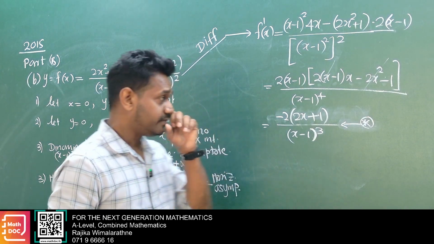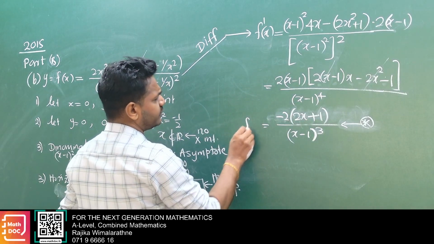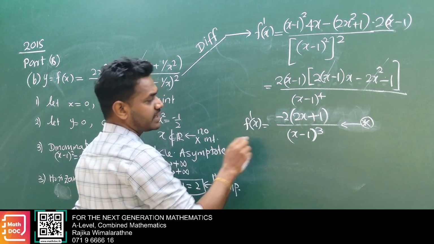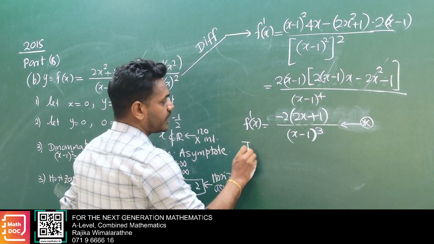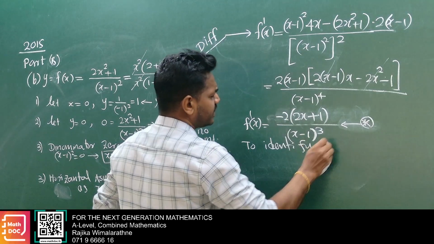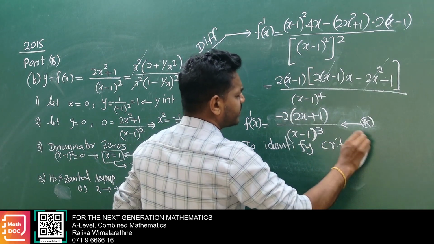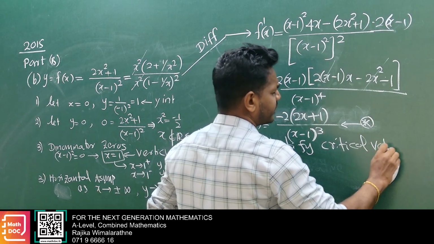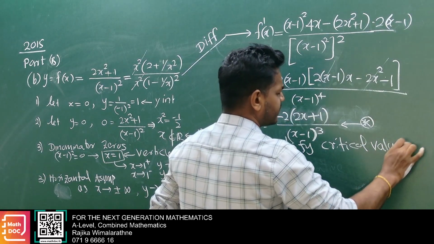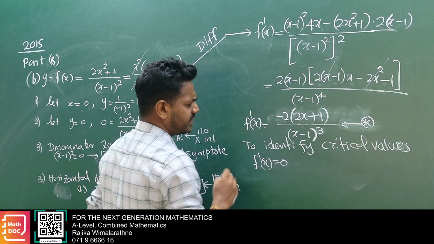Okay. Now by this derivative we can identify critical points. To identify critical values, take f dash x equal 0.